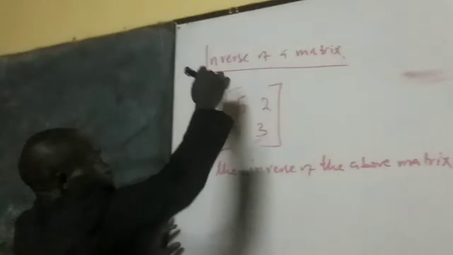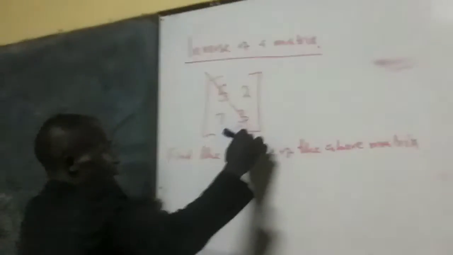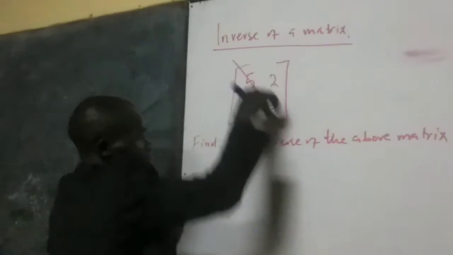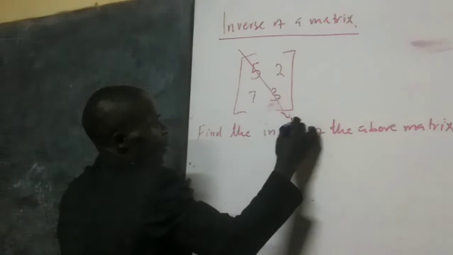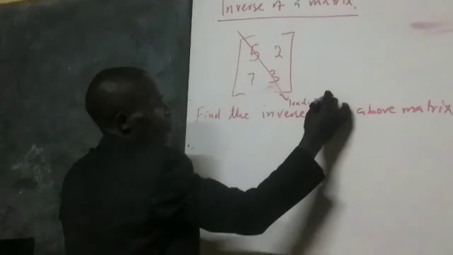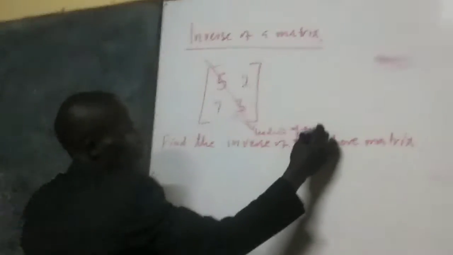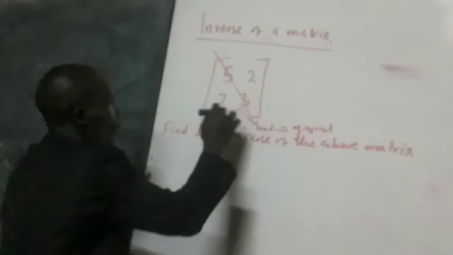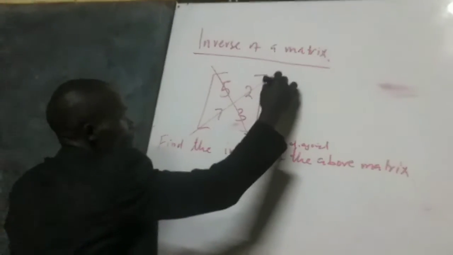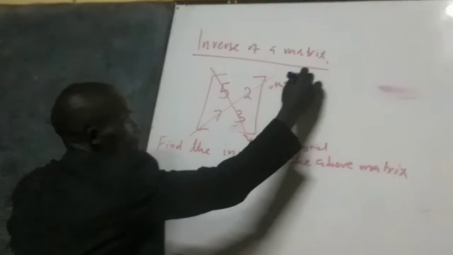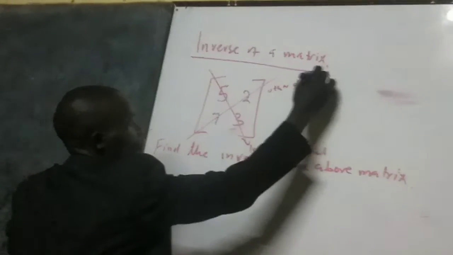Now, the arrangement of elements in this manner, that is a diagonal, is called the leading diagonal. That is the leading diagonal, and this one is called the other diagonal.